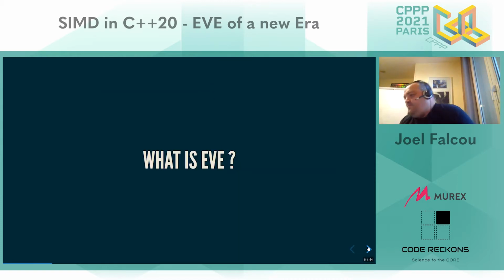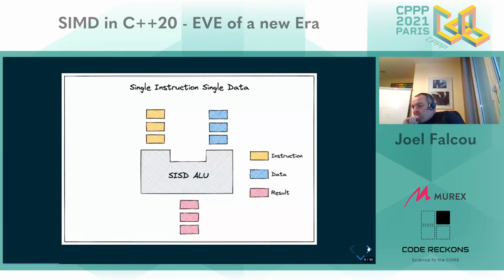So what's EVE? Well, EVE is a SIMD library. And so the next question is, what is SIMD for people that may not know exactly what's going on? Well, SIMD computation is a way to apply instruction-level parallelism to different operations.